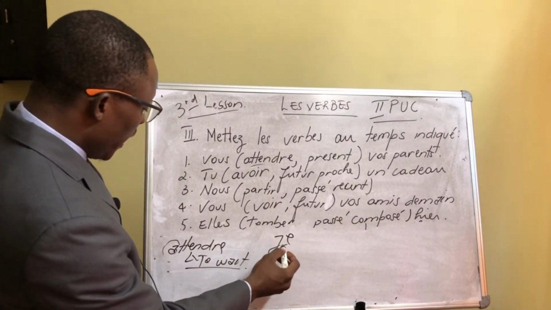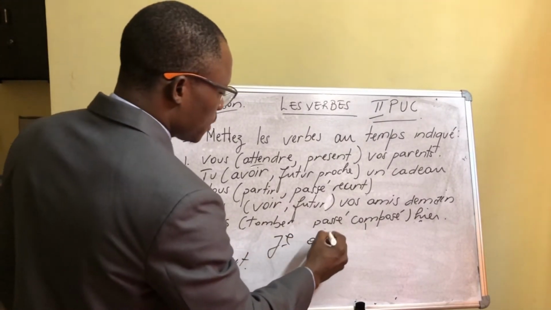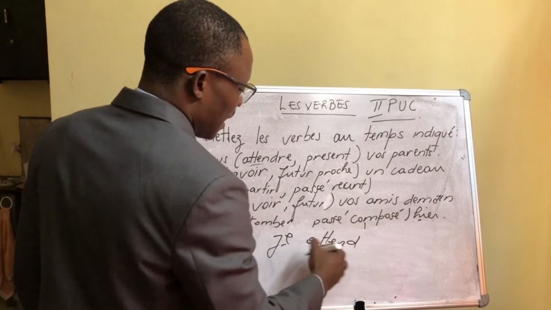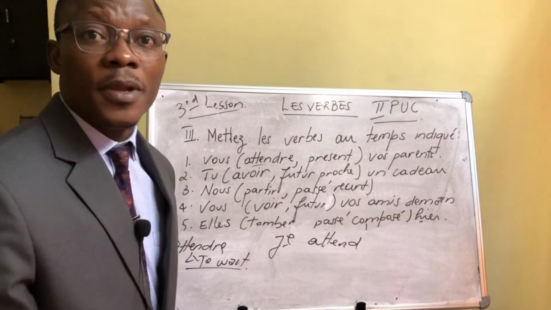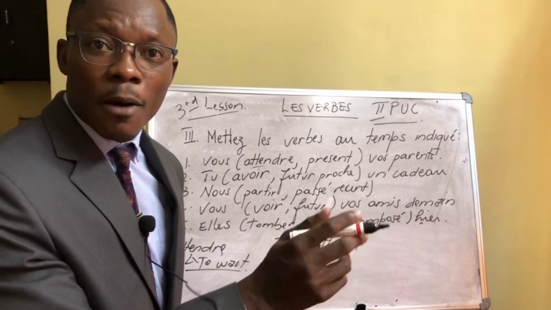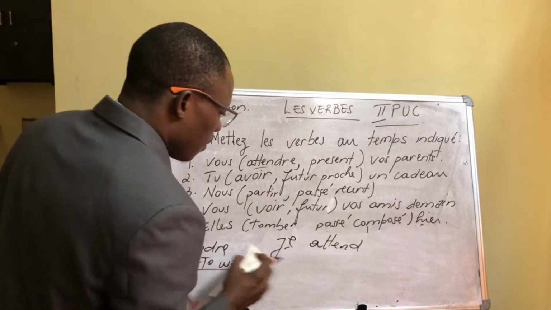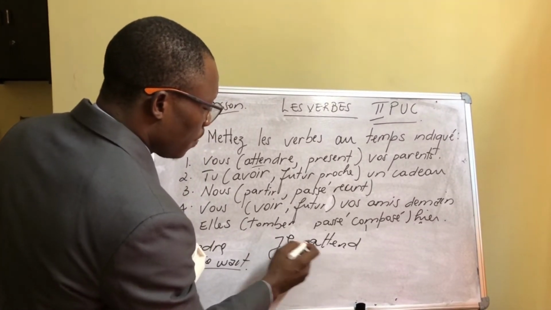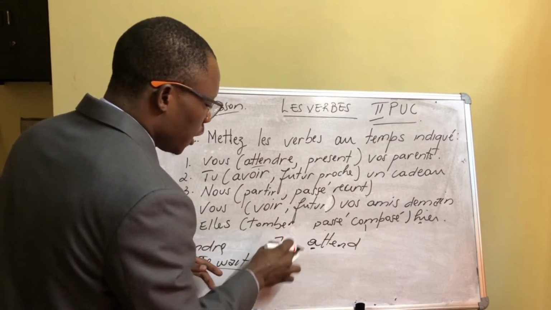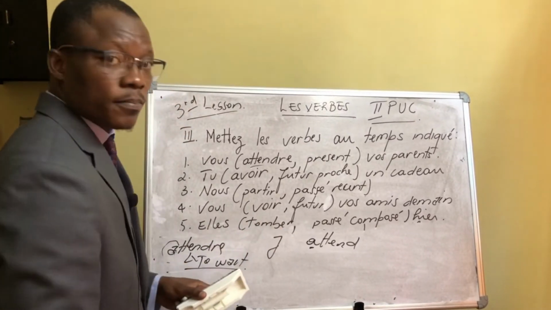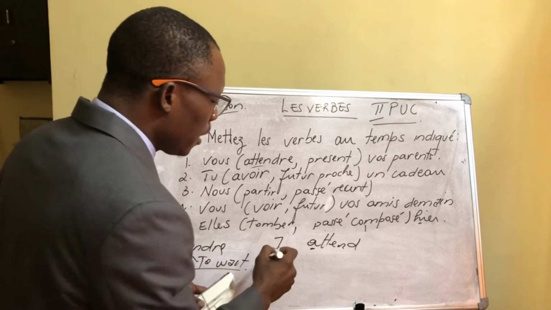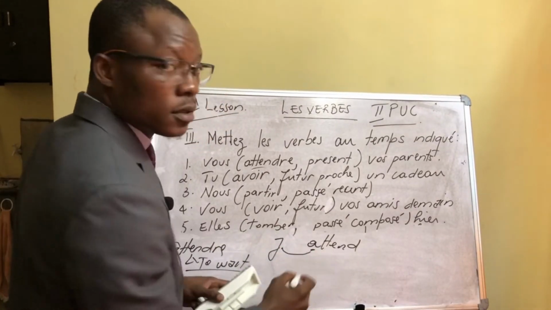If I put je attendre like this, then my answer will be wrong, and in the exam I will miss marks. So for attendre, starting with a vowel, I will remove the E of je, then put an apostrophe. Then by reading, I will have j'attends.